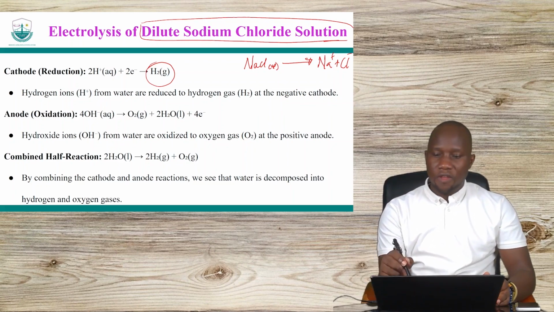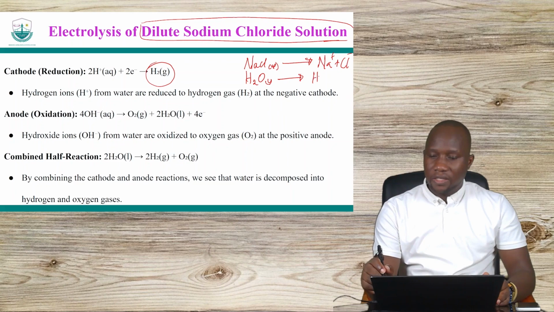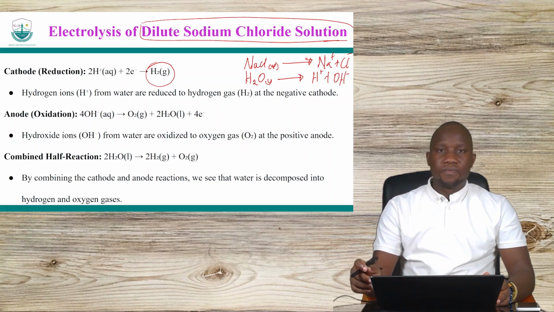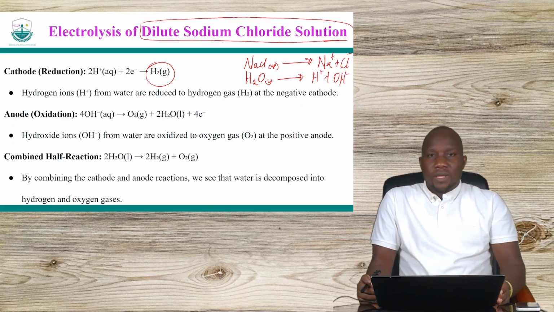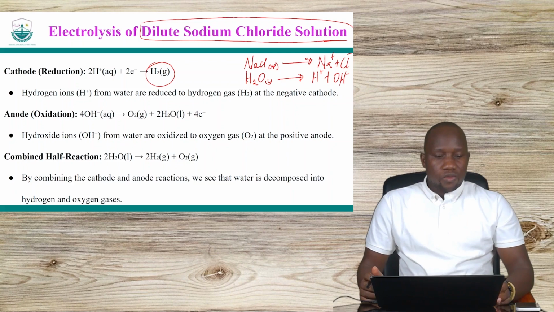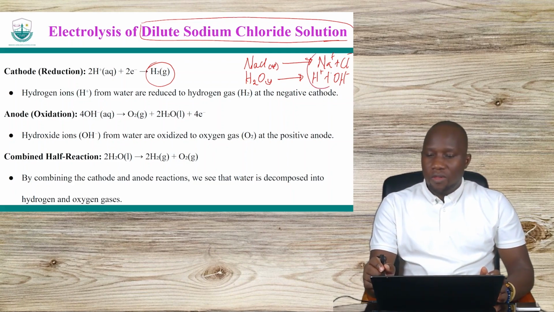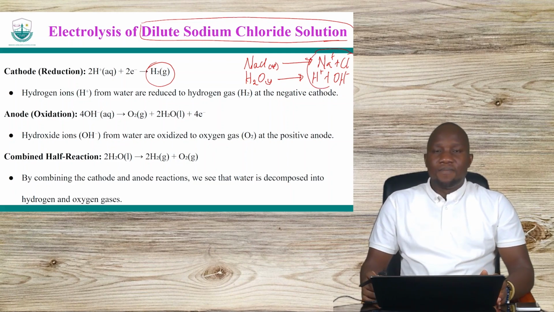That's what you have. But you also have the water giving you the hydrogen ions plus the OH ions, right? The hydroxyl ions or the hydroxide ions. So you have all these ions present.